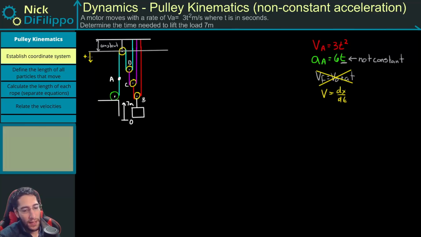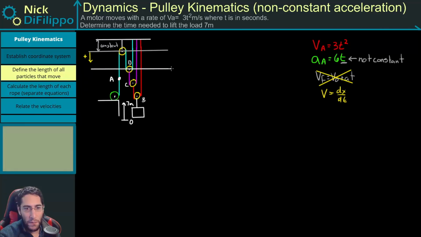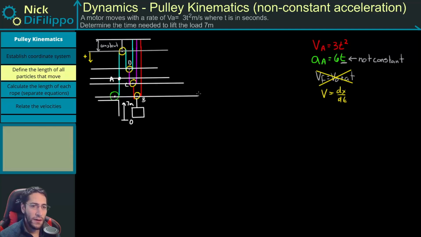Next, I need to draw a line through each of the particles that move. So I'm going to have some line that goes through D, a line through A, a line through C, and a line through B. And I'm just going to clean up these lines, make them dashed, just to make it a little easier to see.